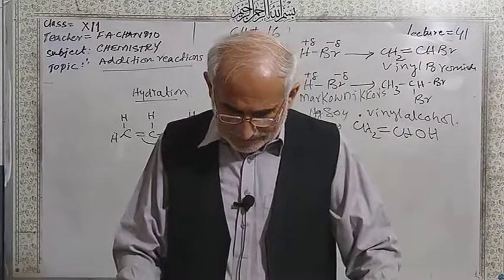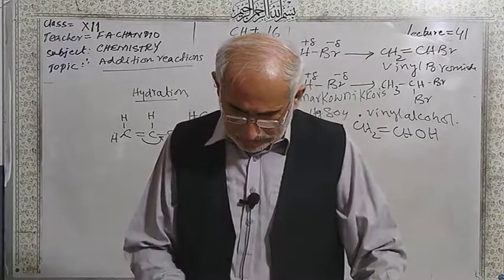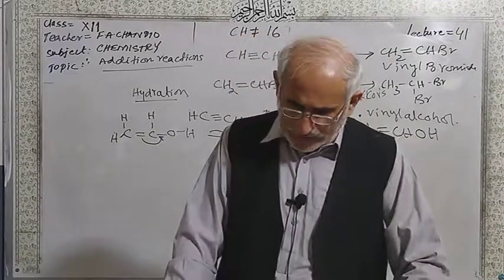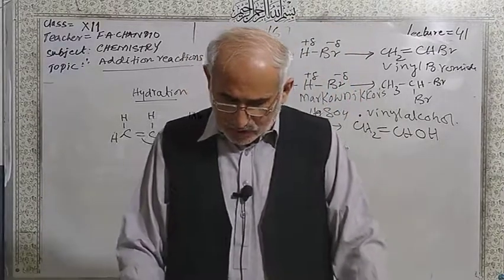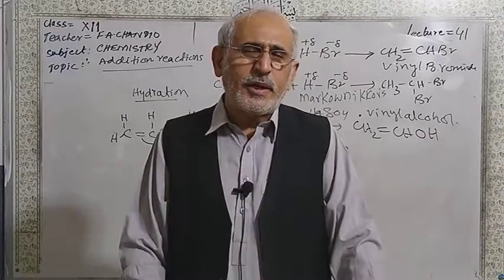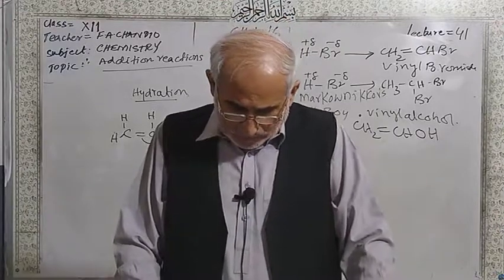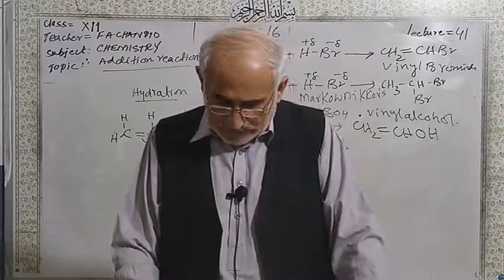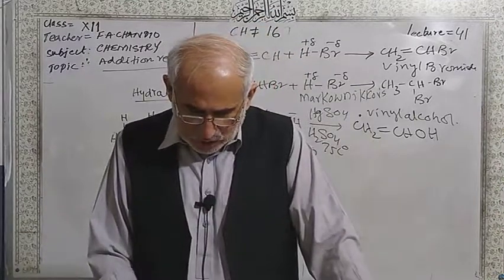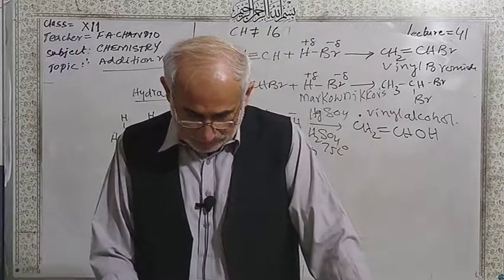This process is called hydration. In your book it is also written that vinyl alcohol, I told you, is unstable. It has a hydroxyl group attached to a carbon-carbon double bond, so it is going to isomerize, rearrange. Except acetylene, all other alkynes give ketones.